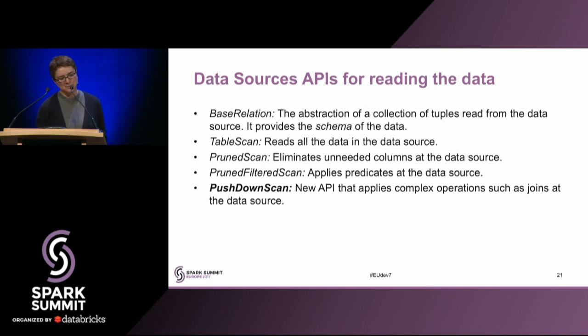Then, if the data source knows how to do things like eliminate unneeded columns, you can use the prune scan interface. Spark will provide the columns that need to be retrieved. The prune filter scan should be used with those data sources that know how to apply predicates. And then we introduce a new API called push-down scan for those data sources that know how to apply complex operations such as join.